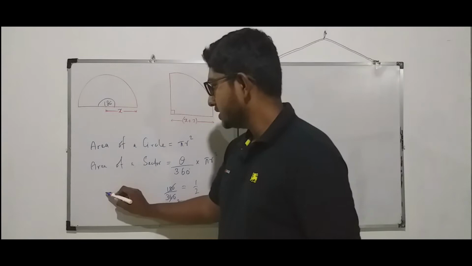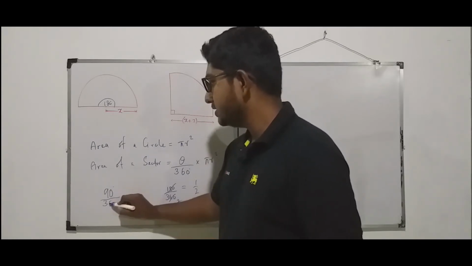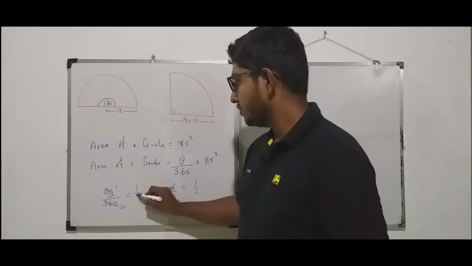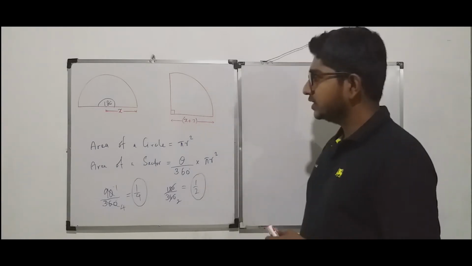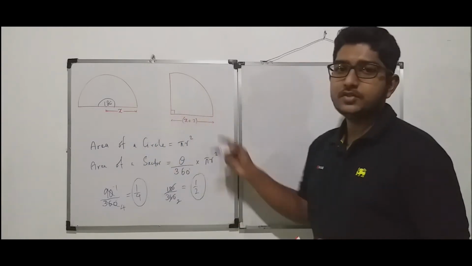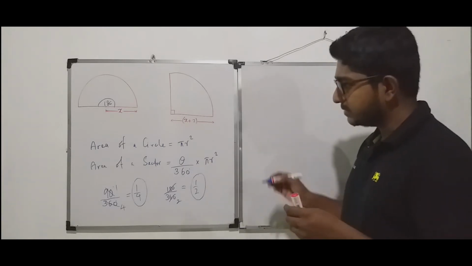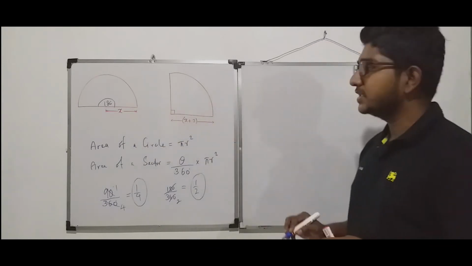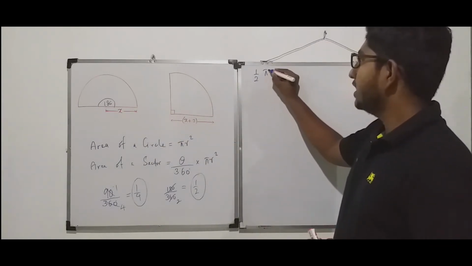If it is a quarter of a circle, we know the sector angle is 90. So when we simplify, we get 1/4. So these are the two fractions we want to calculate the area of these two plane figures. First, let us build the equation of the area of this semicircle, that is half into πr squared.